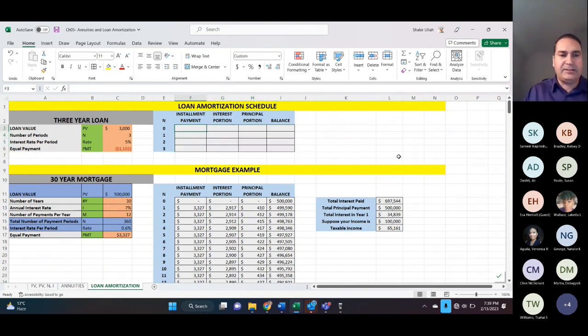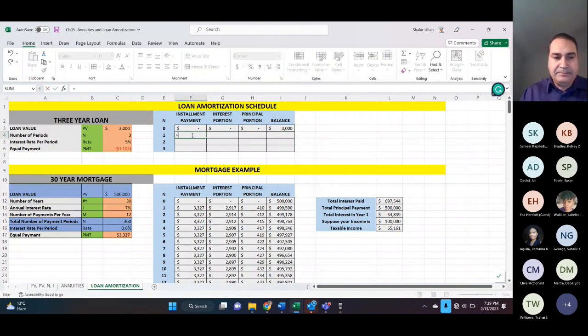Okay. So let me redo this whole thing for you one more time, so that you're clear. In year zero, we're not making any installment payment, no interest payment, no principal payment, and the balance is the 3,000 loan. In the first year, I'm making a payment of 1,102, but let me put that negative sign so that this becomes positive.